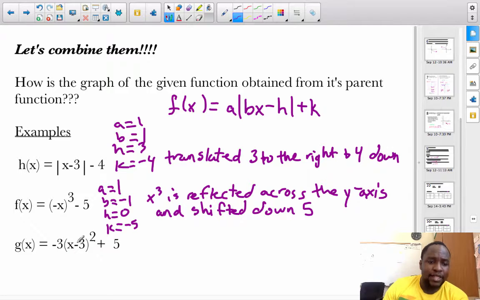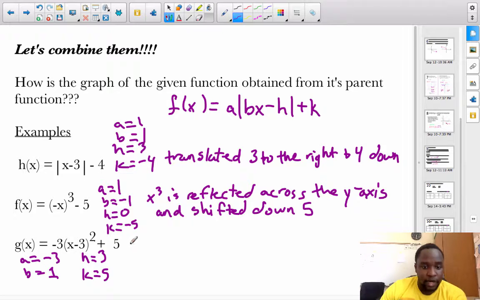Okay, and this last one, g of x, we have a lot of things going on. A equals negative 3, b equals 1, so no changes with the b. H equals 3, and k equals 5.